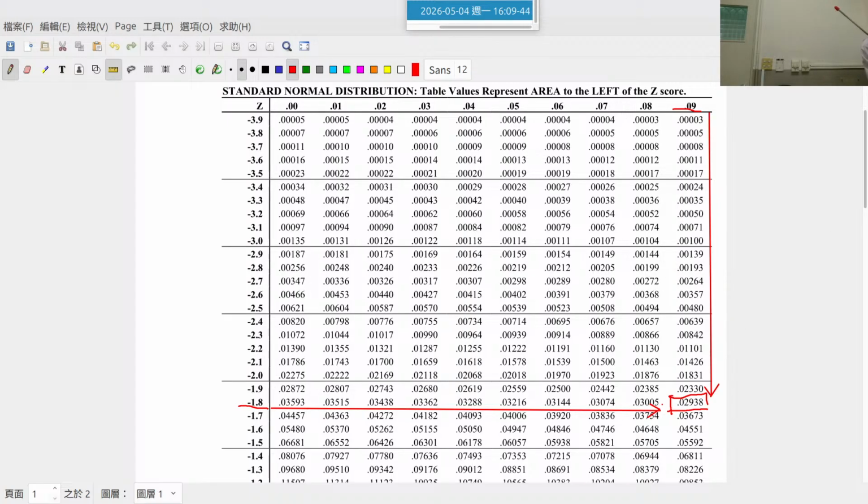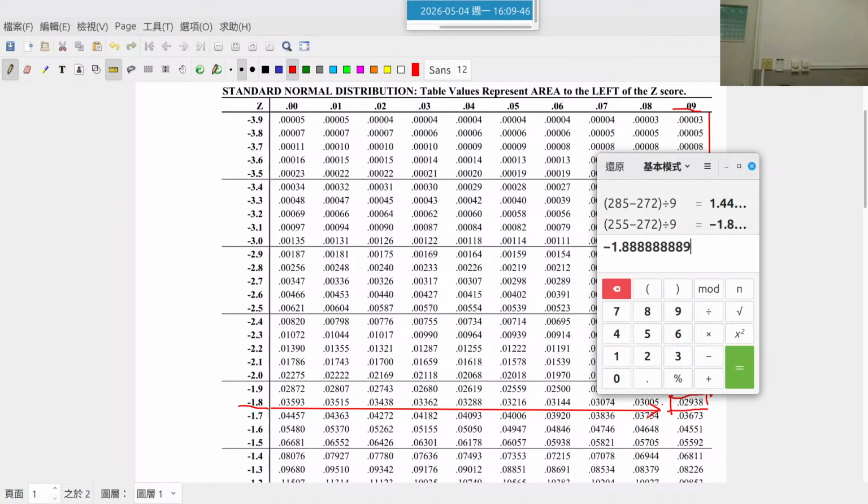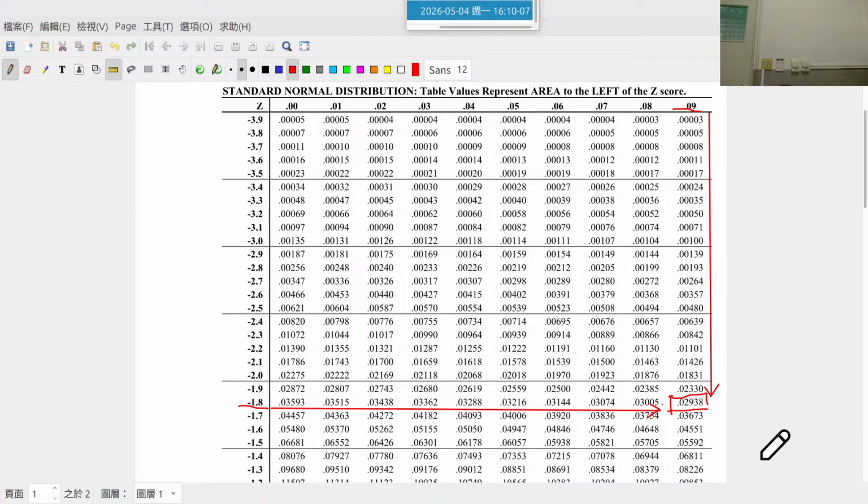Because on this table, minus 1.88, the third decimal is also 8, but the table only has 2 decimals. Thus, rounding to the second decimal gives minus 1.89. Let's move here, then the answer will be 0.02938.